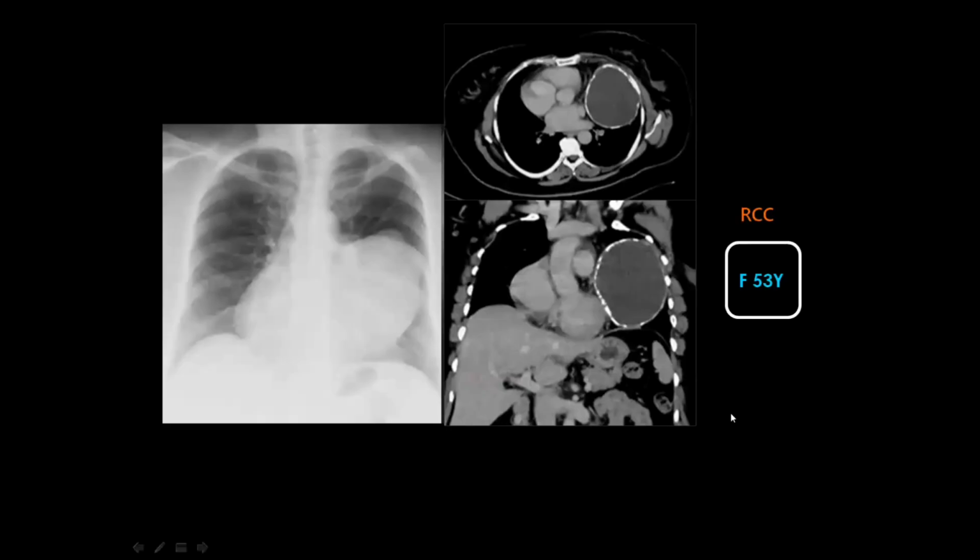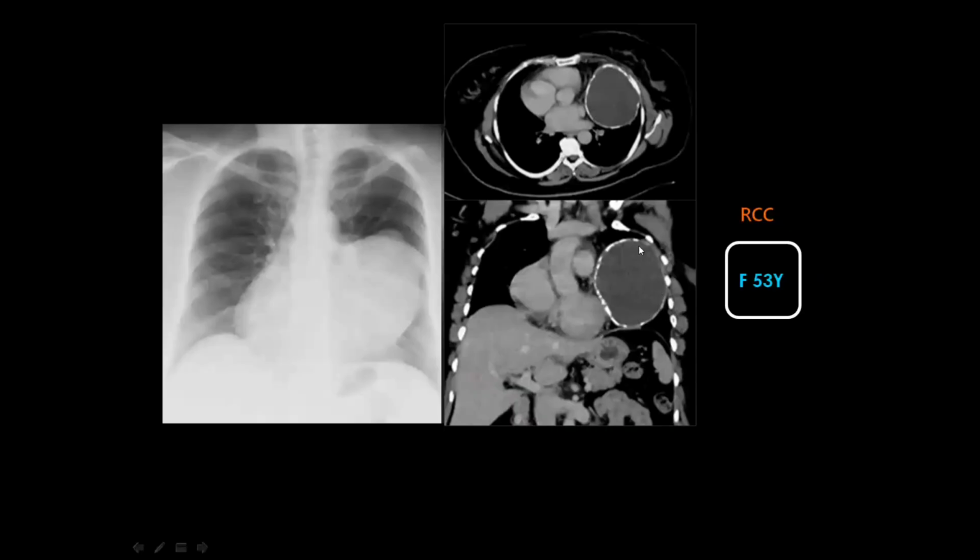It's a benign lesion because of many criteria: clear fluid, regular wall thickness, calcification in the wall, absence of internal septations, absence of solid mural nodules. Then you think of a benign lesion in spite of the fact that the patient had a primary malignancy.